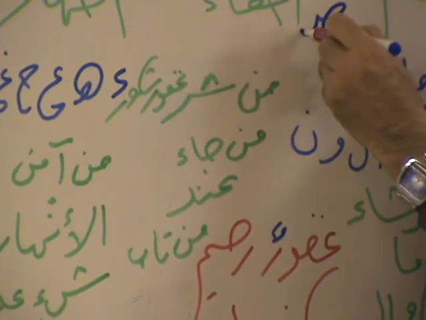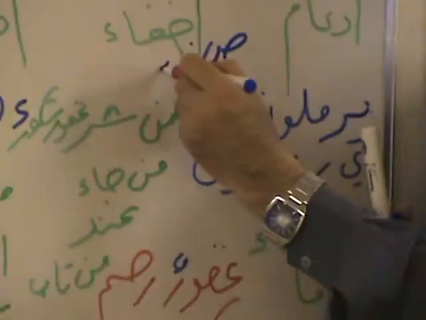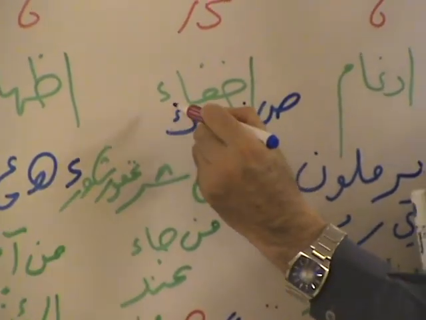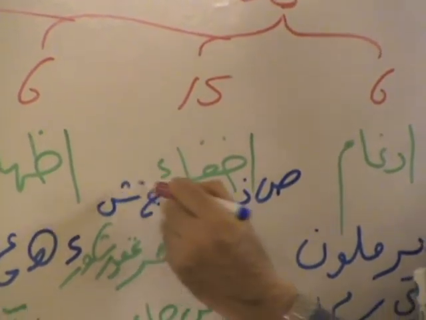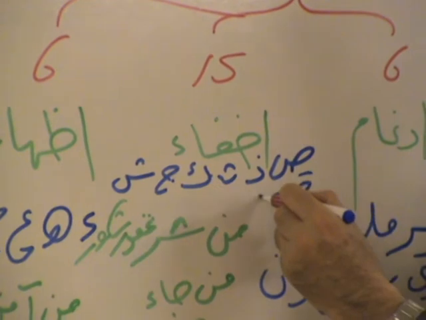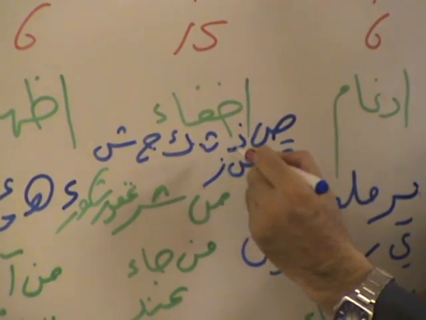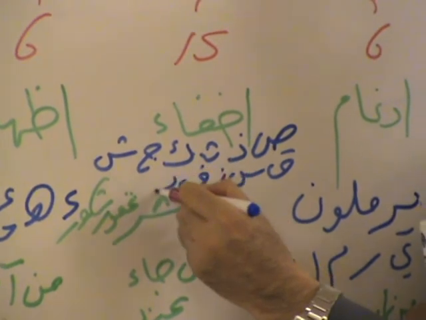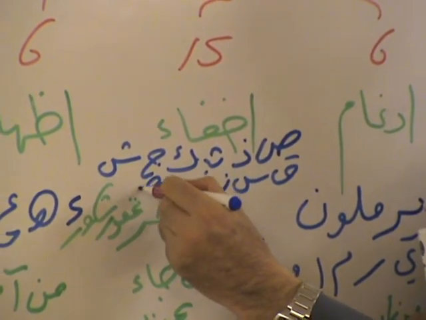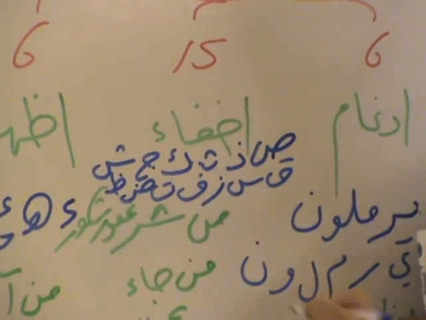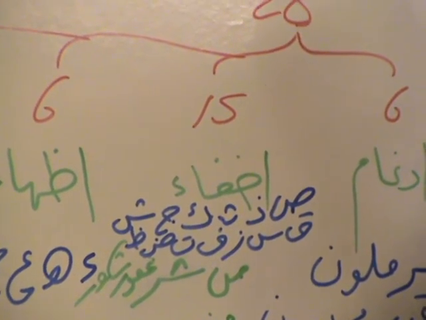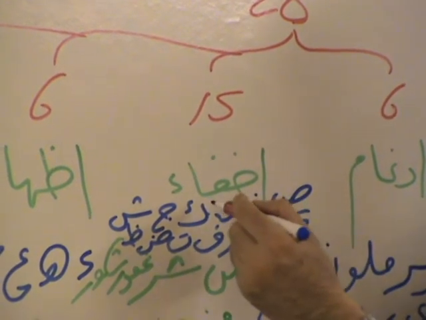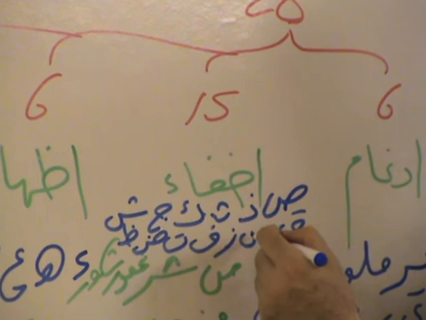They are sad, dal, tha, kaf, jim, sheen, qaf, sin, zay, fa, ta, ضاد ضاء. سلة كم جاء نعم كم سنة. 1 2 3 4 5 6 7 8 9 10 11 12 13.